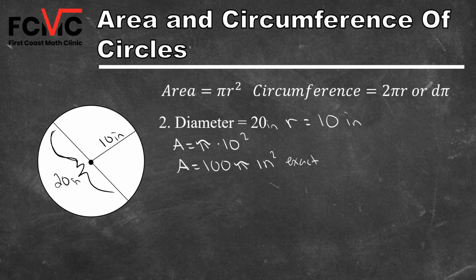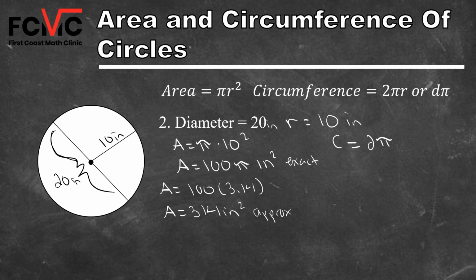Now, if we want to find the approximate, we could take 100, multiply it by 3.14, and we'll get 314 inches squared, and this is our approximate area.